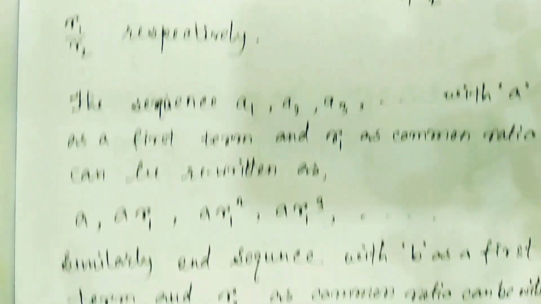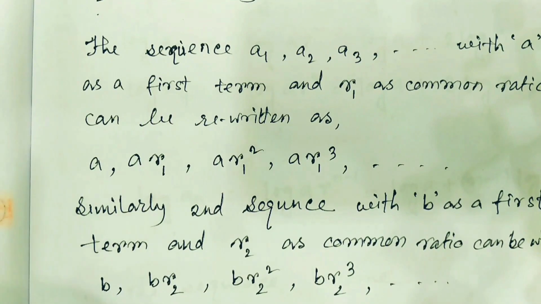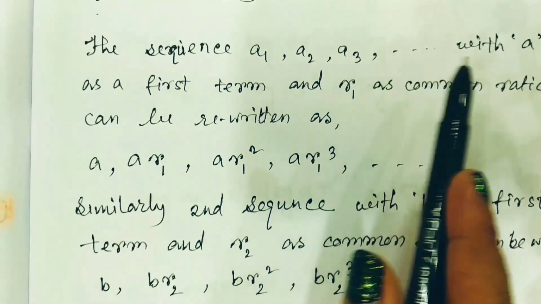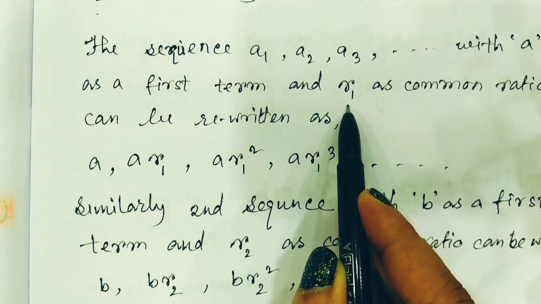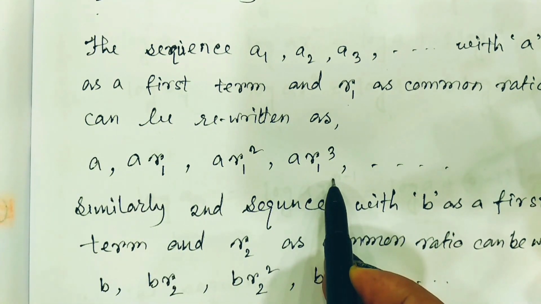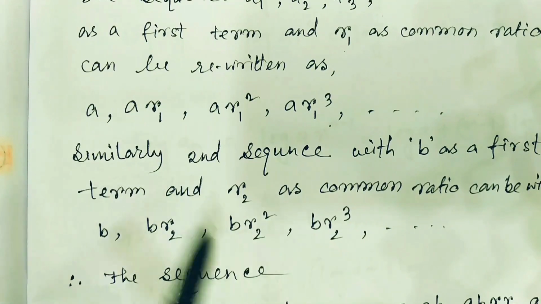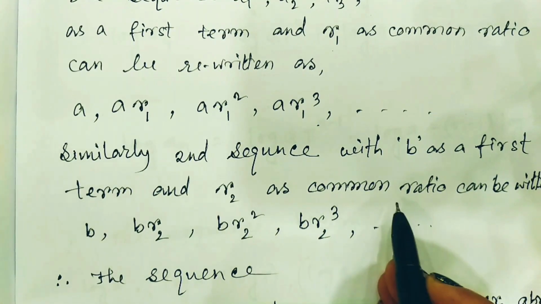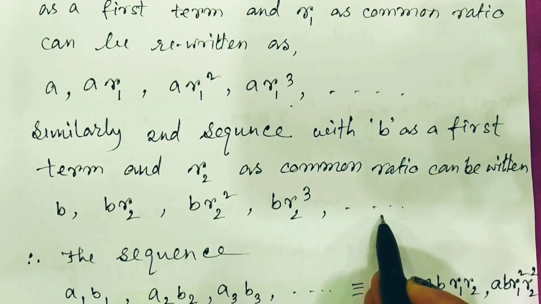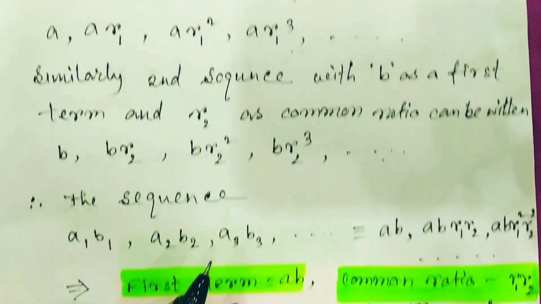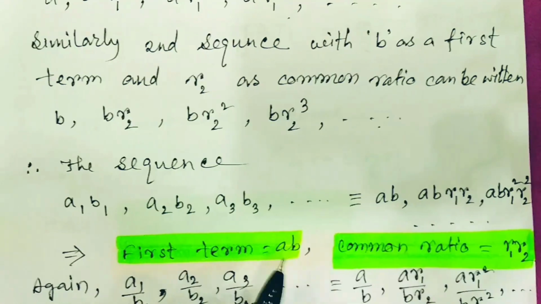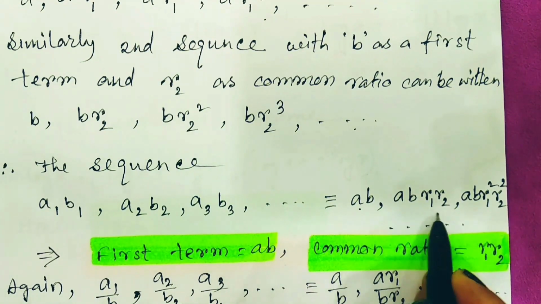So how to prove this one? For this also, the sequence is this one, where a is taken as the first term and r1 as the common ratio. So the sequence becomes this one. Similarly, for the second one, if b is the first term and r2 is the common ratio, then we will find this sequence. Now if we multiply the corresponding terms, the sequence becomes this one: ab, ab r1 r2, in this way.